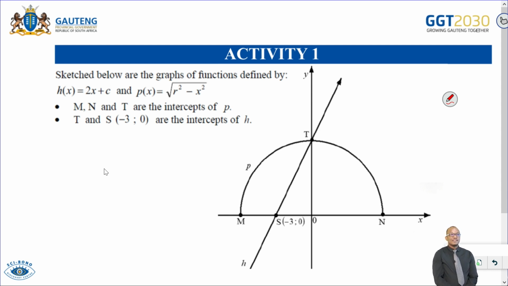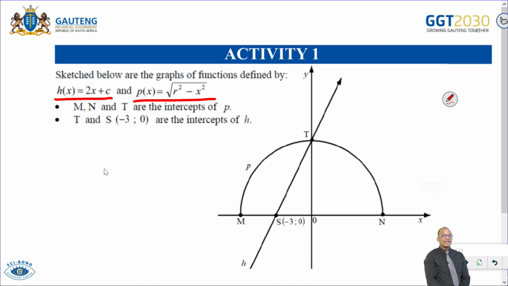Sketched below are the graphs of functions defined by h of x is equal to 2x plus c, which is the first function given. Then the second function, p of x, is equal to the square root of r squared minus x squared. So those are the two functions that are given.